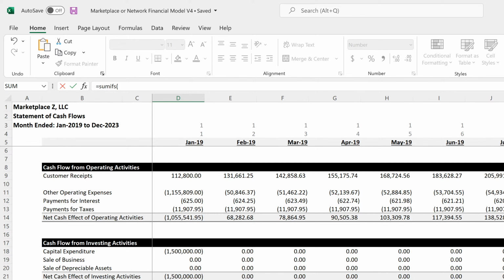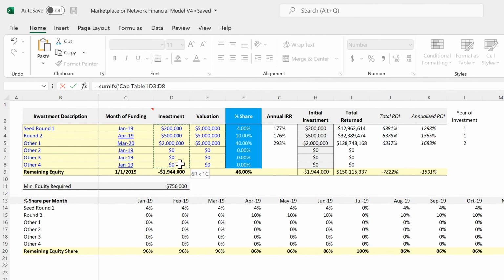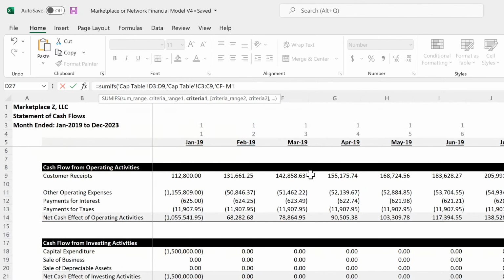So sum ifs, the amount of investment, and we have to include remaining equity as well. If the month here matches our month on the forecast. And then we just lock this.